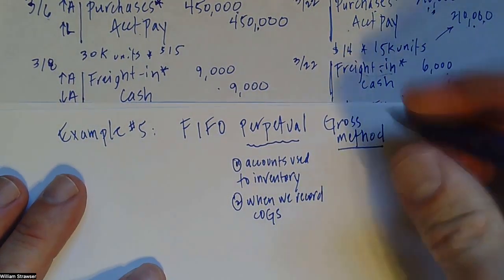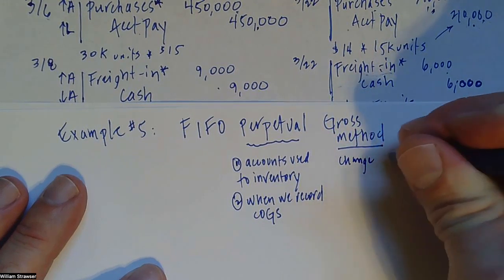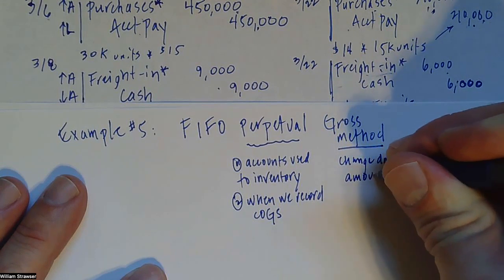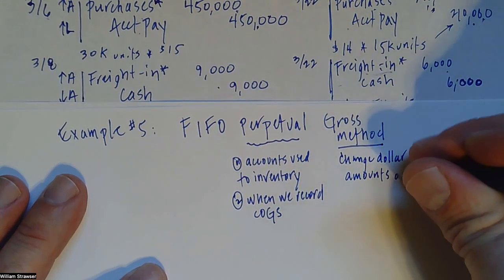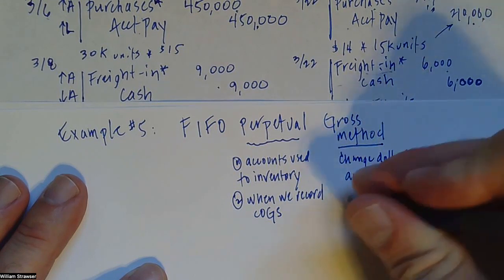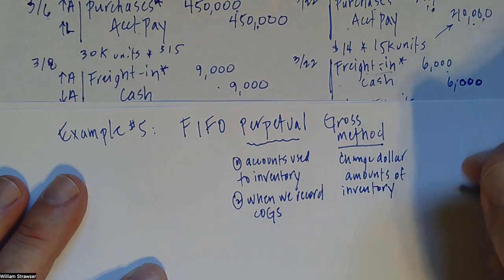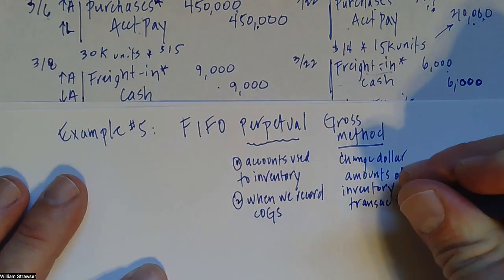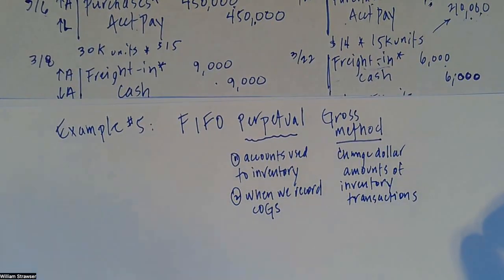Gross method versus net method, this will change the dollar amounts of inventory transactions. So while the perpetual and periodic change the account titles, the gross versus net method changes the dollar amounts that I put in any given transaction.